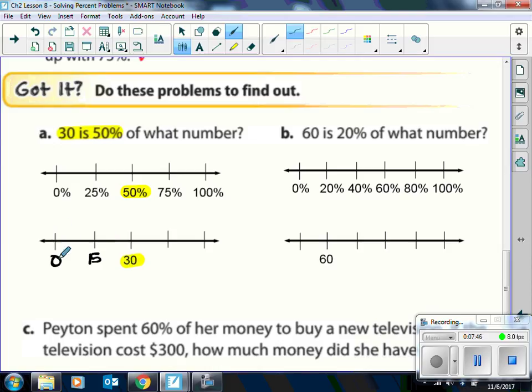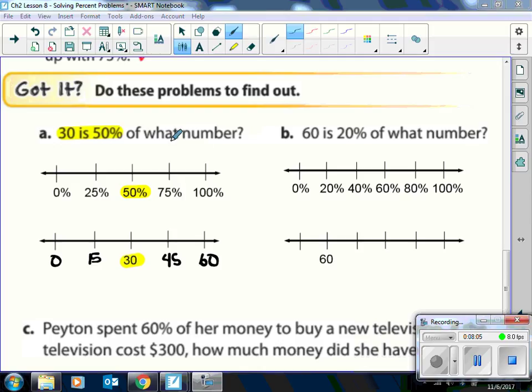So that tells us what we're going to count by. Is everybody with me? So 0, 15, 30, 45, and 60. Very good. Does everybody see how we figured out what we were counting by?